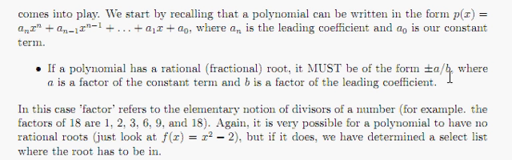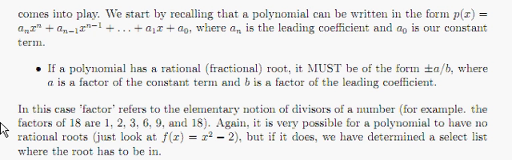In fact, it has to be in this form, plus or minus a over b, where a is a factor of the constant term and b is a factor of the leading coefficient. And by factor, I just mean your basic divisors, nice even divisors of a number. For example, the factors of 18 are 1, 2, 3, 6, 9, 18, stuff like that.